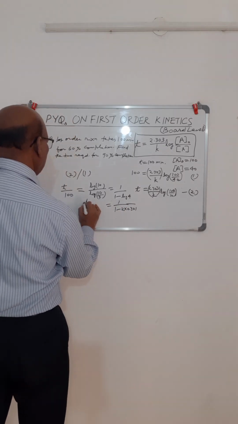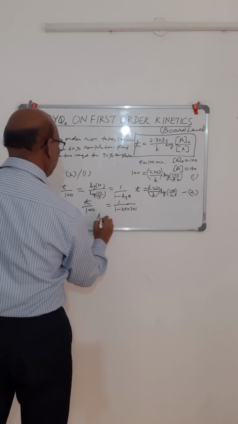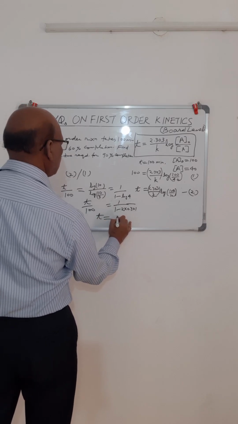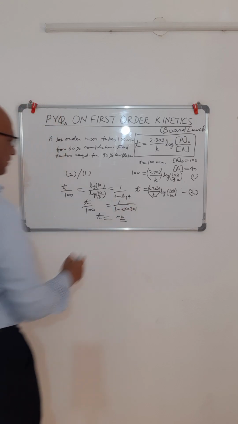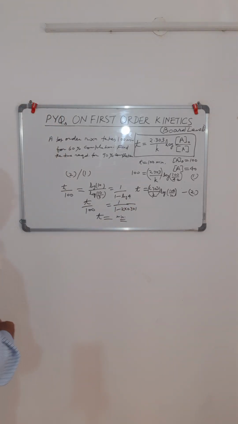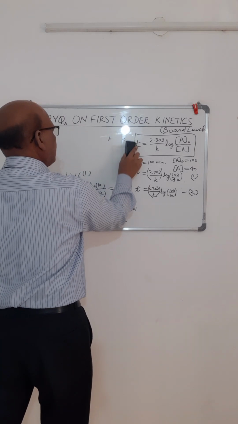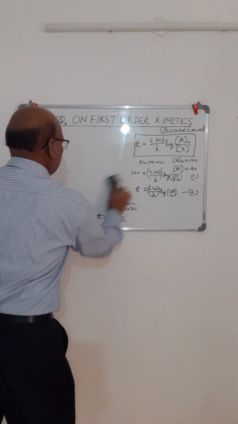So this is the value of t by 100, so you can find the value of t, the unit will be minutes. You can find easily the value of time required for 90% completion. Okay, now we take 2 more numericals, then we will wind up this session.